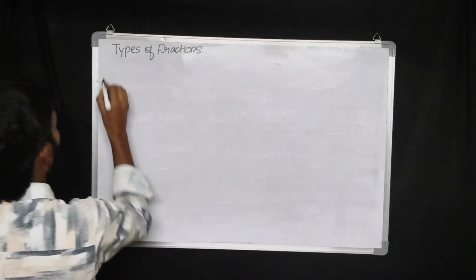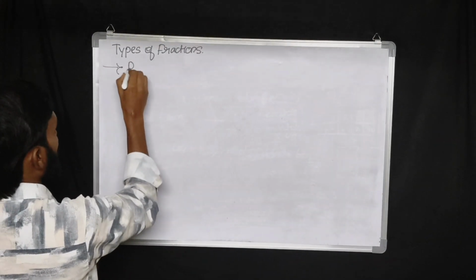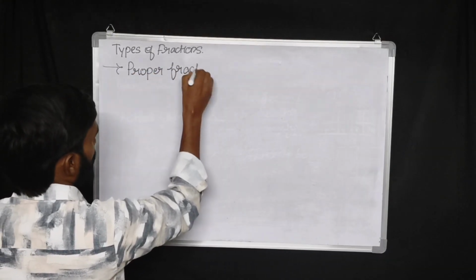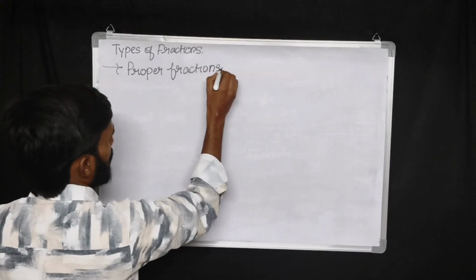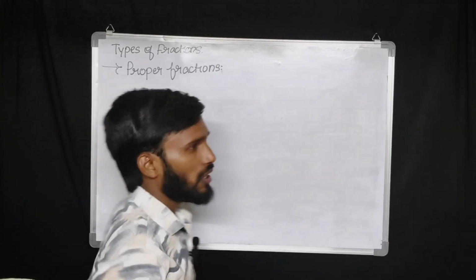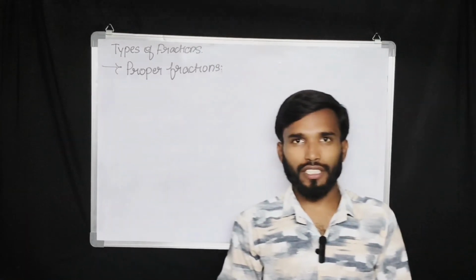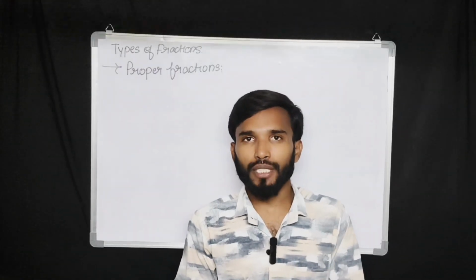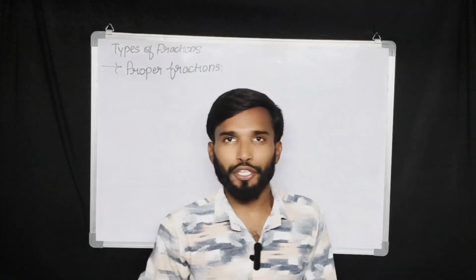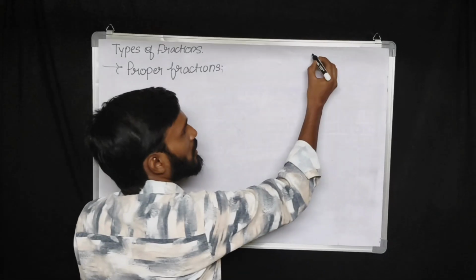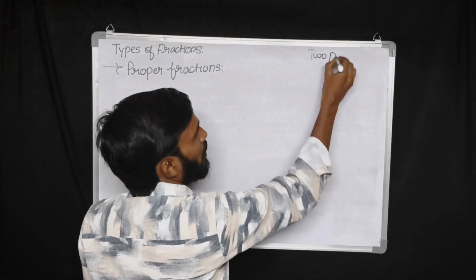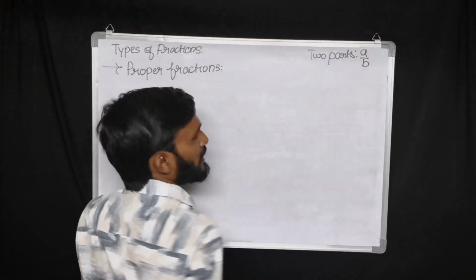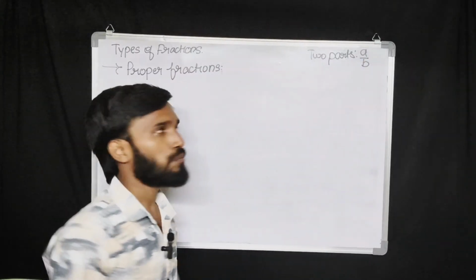So in that, the first one is proper fraction. Let us understand first what is proper fraction. As we learned in the previous video, fraction has two parts and it is written as a by b, the actual form.